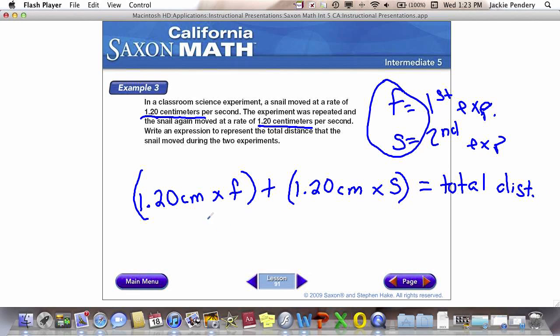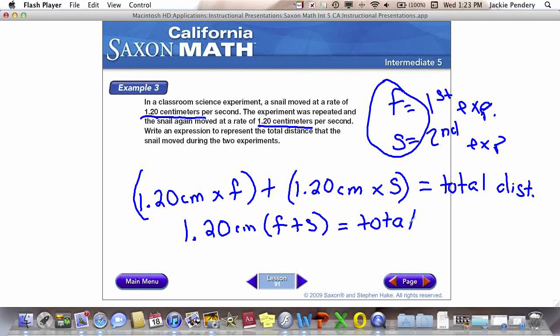Now, I can simplify this using the distributive property. I see 1.2 centimeters here and 1.2 centimeters here. So I can actually use the distributive property in reverse. 1.2 centimeters times F plus S, and this will also give me the total.